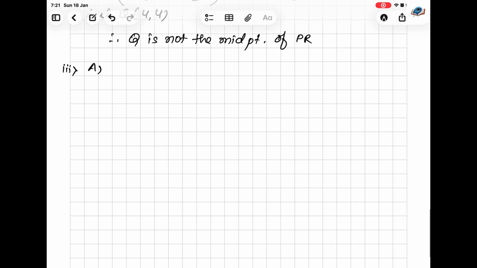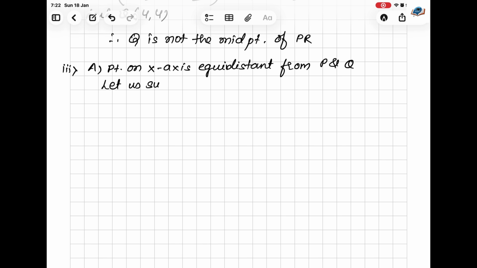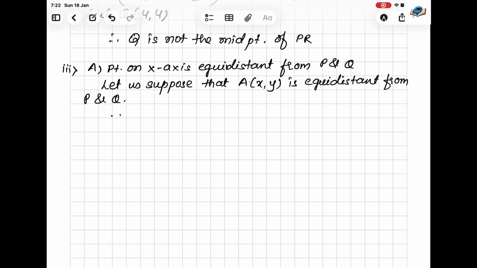Now, the third one, A1, point on x-axis equidistant from P and Q. So, let us suppose that A x comma y is equidistant from P and Q. So, therefore, according to the situation, AP should be equal to AQ.